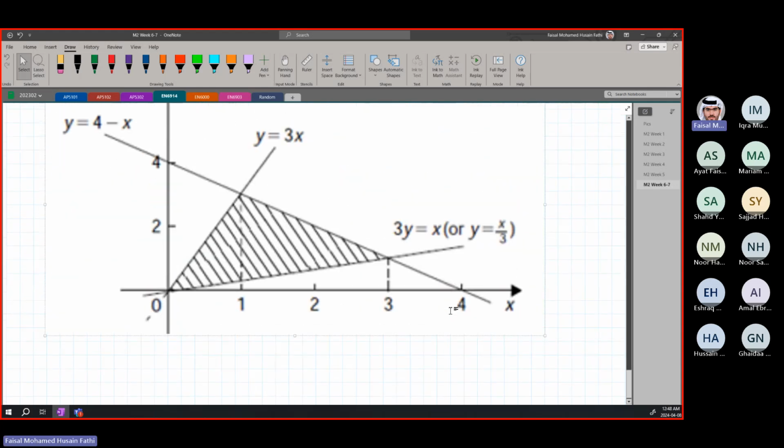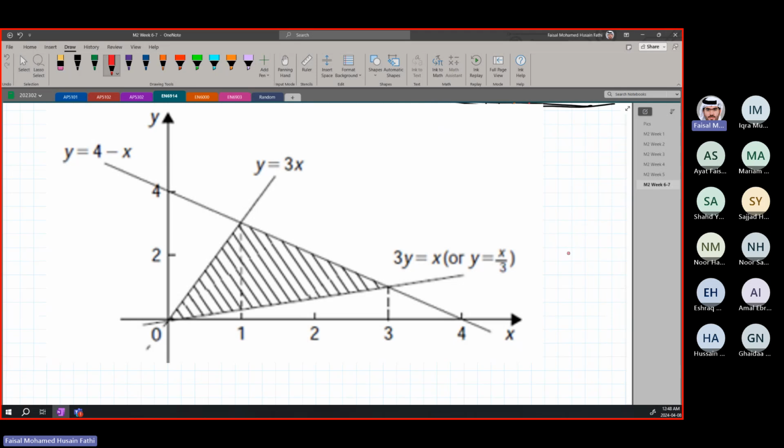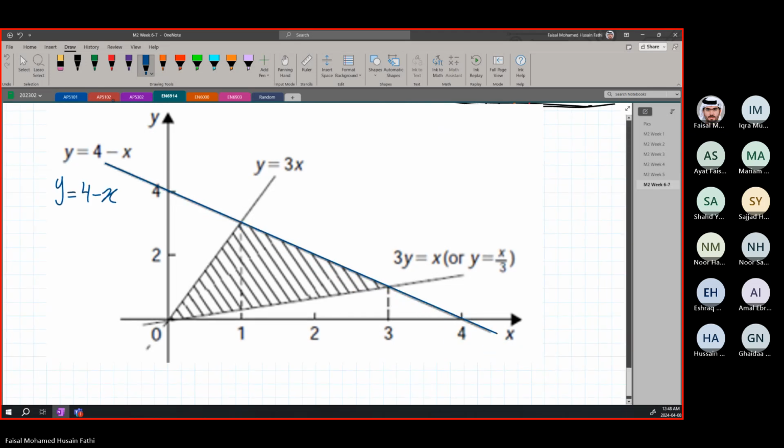Here we have 3 lines. We have y = 4 minus x, which is the straight line over here. Then we have y = 3x, which is this straight line over here.